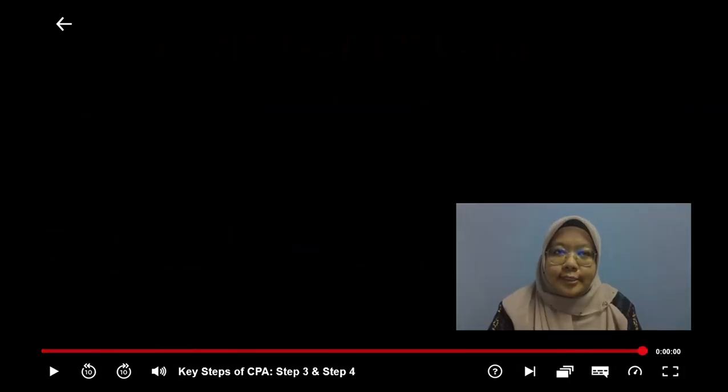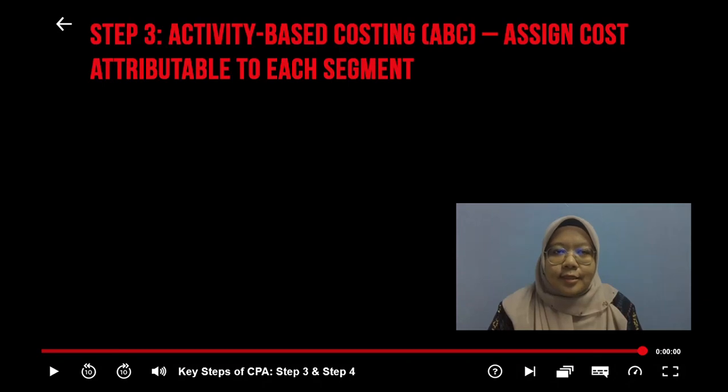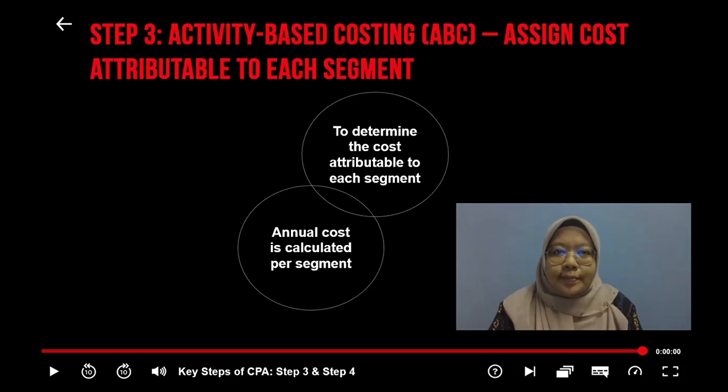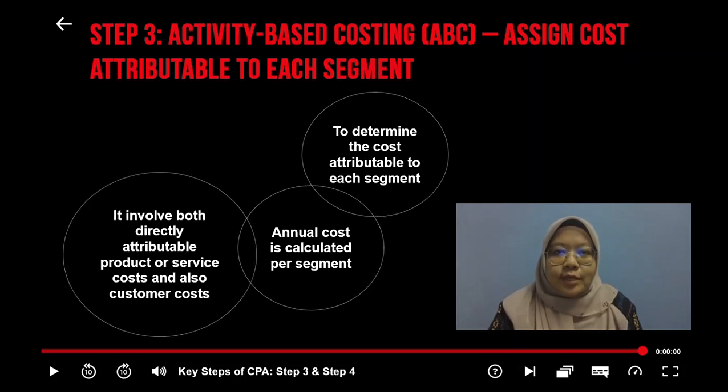The third step for implementing customer profitability analysis is to use ABC, or activity-based costing, to determine the cost attributable to each segment. The annual cost is calculated per segment. This will involve both directly attributable product or service costs and also customer costs, including allocation of overheads, promotions, sales, and distribution costs.